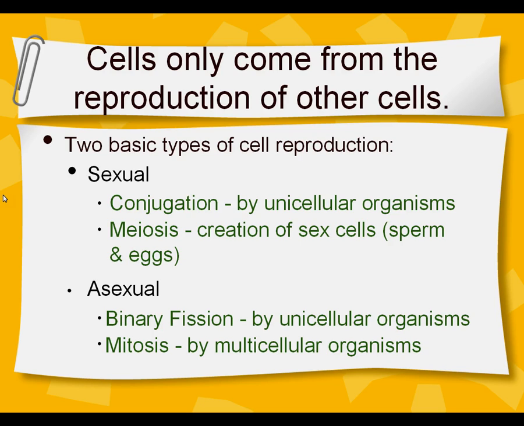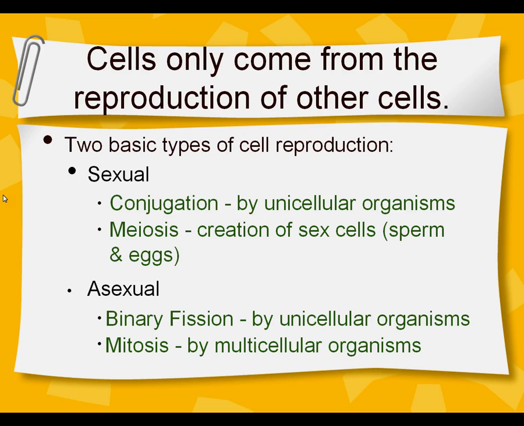And I want to throw an interesting idea out there. I read a short little paragraph in Nature magazine about a Japanese scientist who claims, I don't know if this is true or not, but claims to have made a sperm cell and an egg cell without the sperm or the egg cell coming from a pre-existing cell.